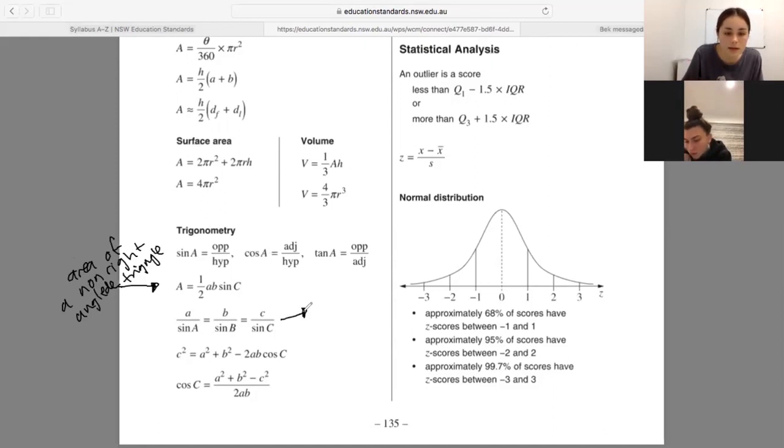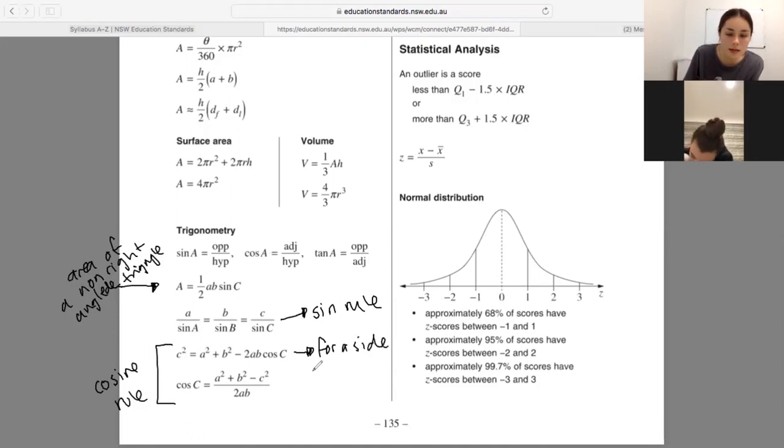This one here is our sine rule. And these two are cosine rules. This one up the top is for a side, and this one down the bottom is for an angle.